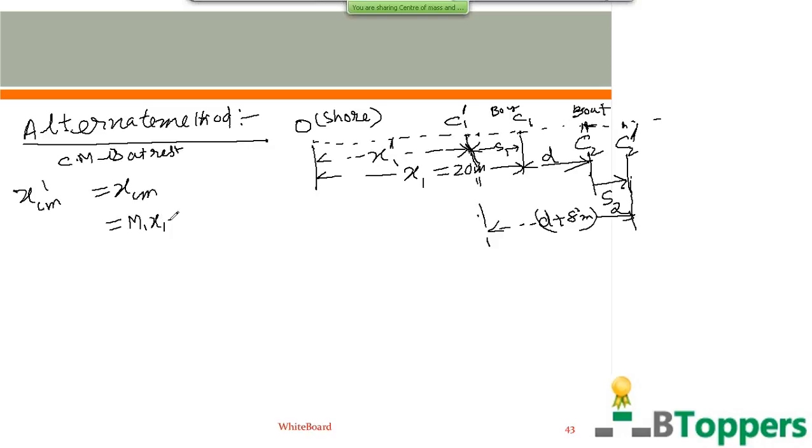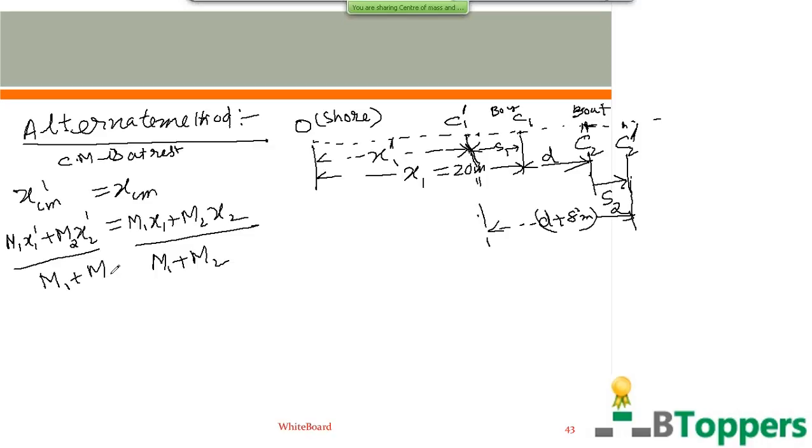You can write Xm as M1 X1 plus M2 X2 by M1 plus M2. Xm dash is the new distance of the center of mass from the origin, which you can write as M1 into X1 dash plus M2 into X2 dash by M1 plus M2.